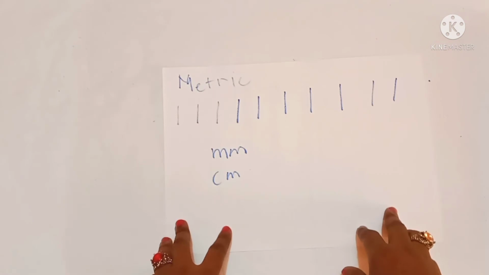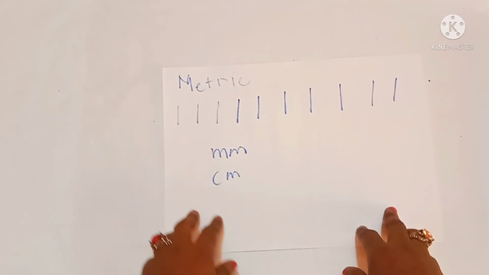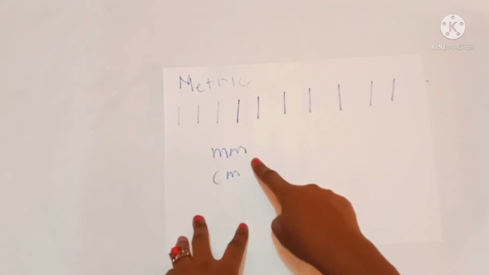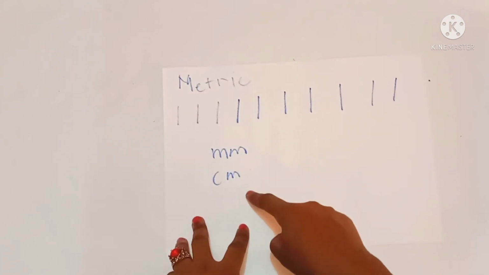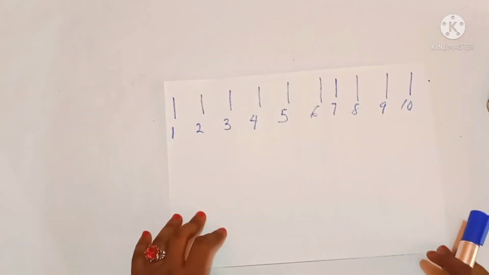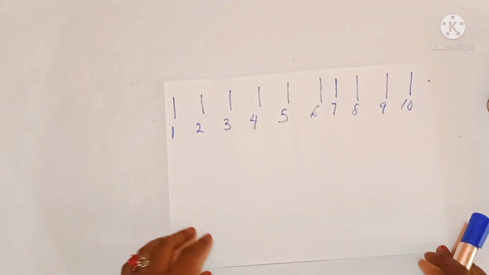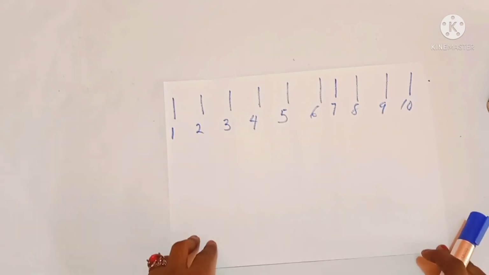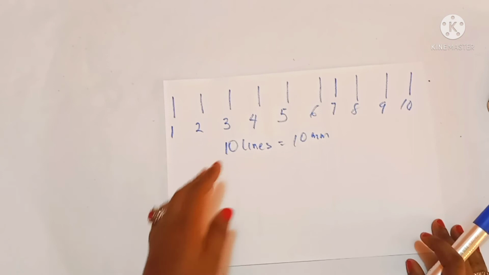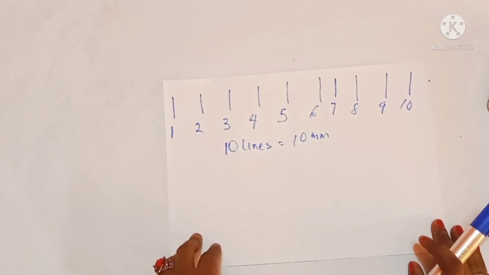Like I said earlier, this side has millimeters and centimeters, but I'll be picking the millimeters first, then later the centimeter. So I marked out my lines and I labeled them all. Guys, the rule here is that 10 lines makes 10 millimeters.